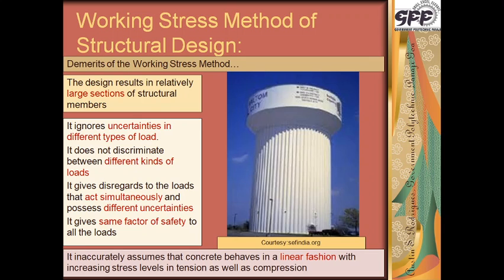So, if a structure is designed by the working stress method and due to some event, say there is an earthquake or fire or whatever event like this, say the loads go on increasing, then also the working stress method assumes that the stress-strain relationship in tension as well as compression is a straight line. At higher levels, this is not true, but this disregard is there in the working stress method of design.